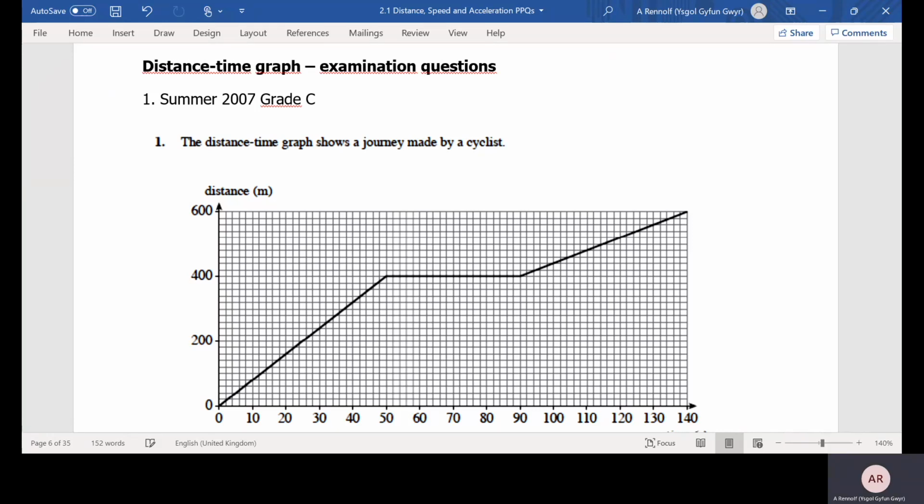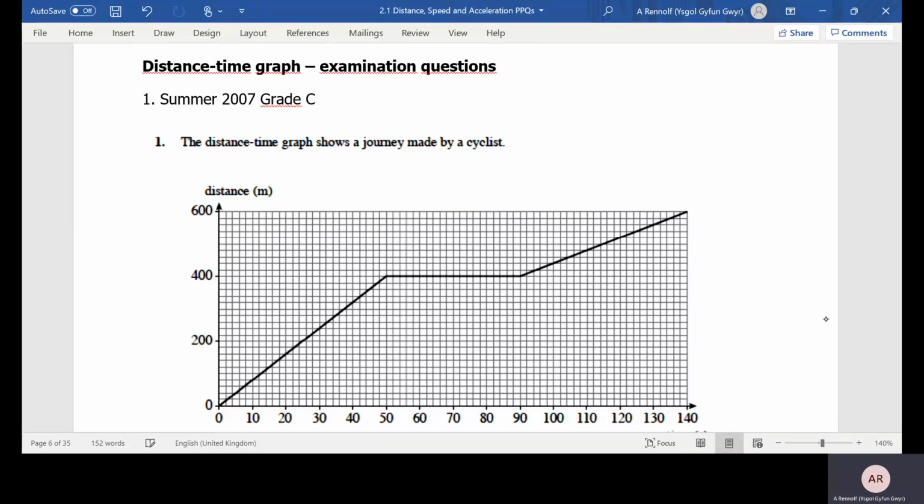Okay, so we've got a distance time graph showing a journey made by a cyclist. Before we look at the question, let's try and interpret what's going on. In the first section here, the cyclist travels a distance of 400 meters, and he or she does that in 50 seconds. Then the cyclist stops, we're stationary between 50 seconds and 90 seconds, and then we start moving again.